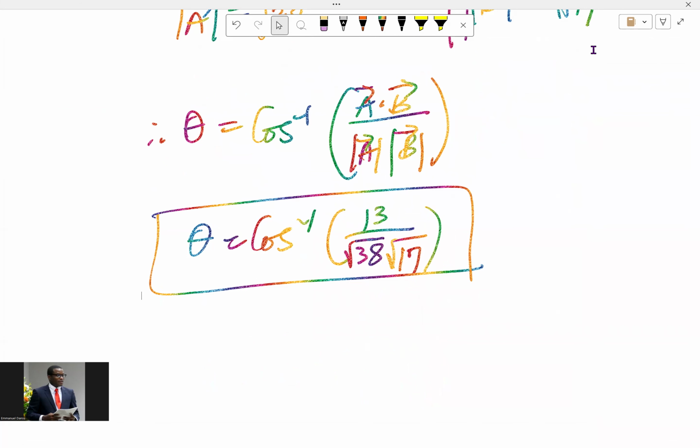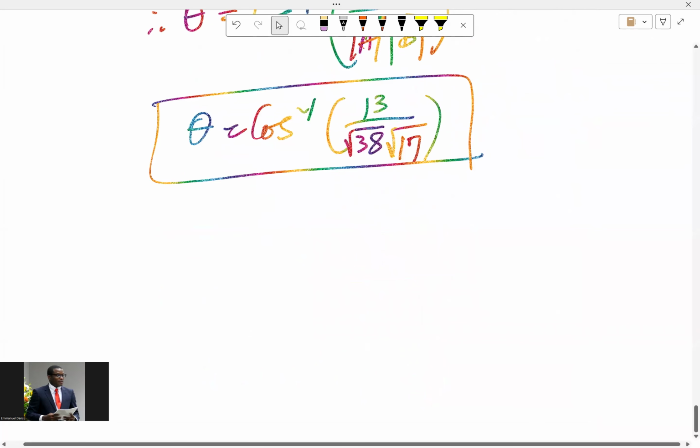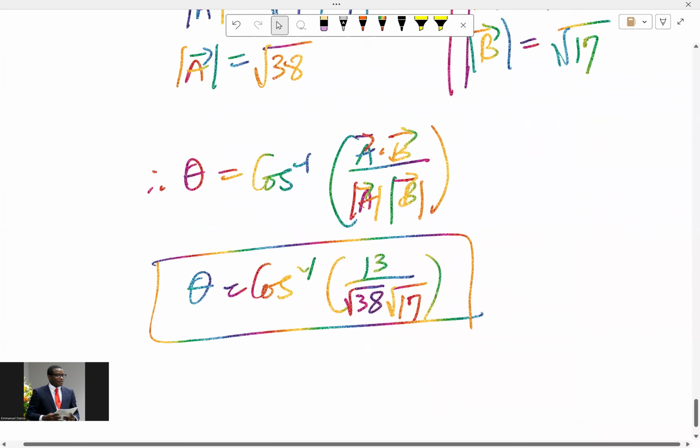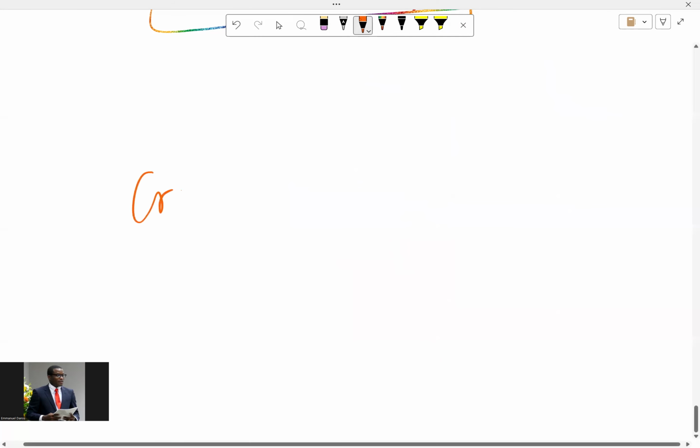And then what we have left is the cross product. So let's do cross product. So far we've done addition of vectors, subtraction of vectors, scalar multiplication of vectors, dot product of vectors, and finally we have come to cross product of vectors.